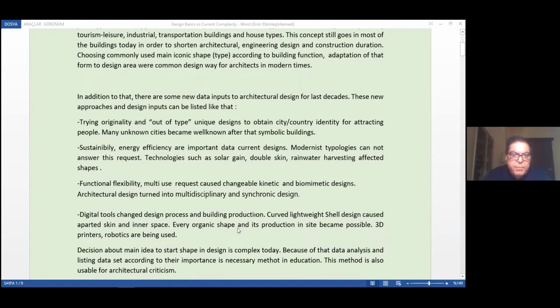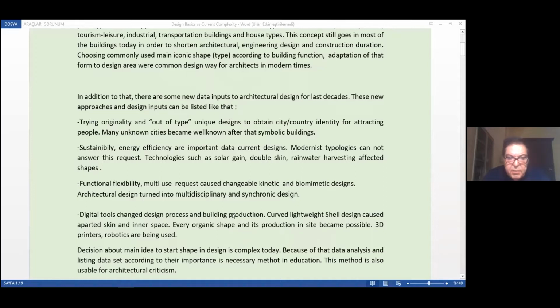Second new approach for the last decades: sustainability and energy efficiency are important design concerns. Modernist typologies cannot answer this request. Technologies such as solar gain, double skin, and rainwater harvesting affected shapes.